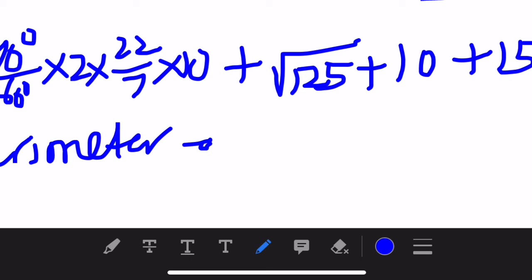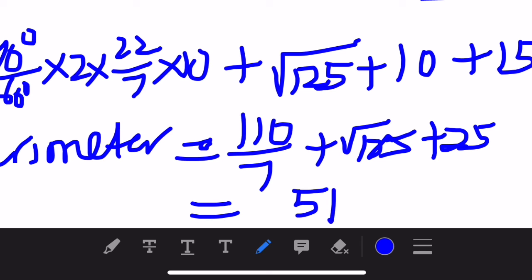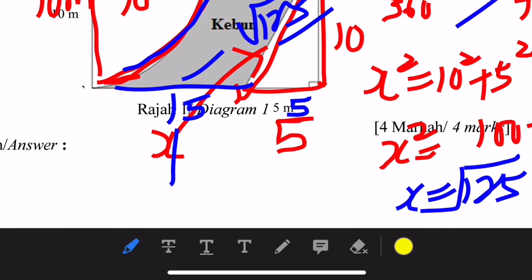And then times 10. So I have 110 over 7 plus square root 125 plus 25. I plus the 25 first, then I plus the square root 125. So the answer is 51.89. This is the answer for the perimeter of the coil of wire.